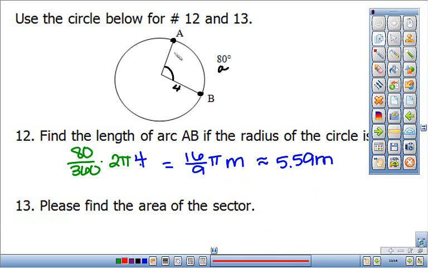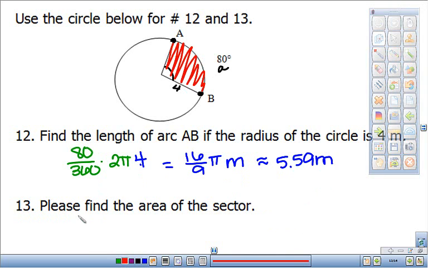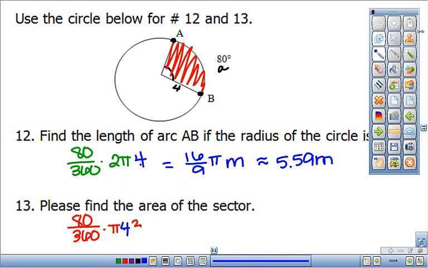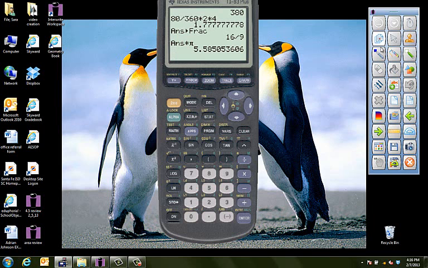The area of this sector, here's the sector they're talking about, is going to be the same process. It's still just 80 degrees out of 360, but instead of circumference, it's area, which is pi r squared. And we know our r is 4. So we're going to have 80 over 360 times 4 squared.